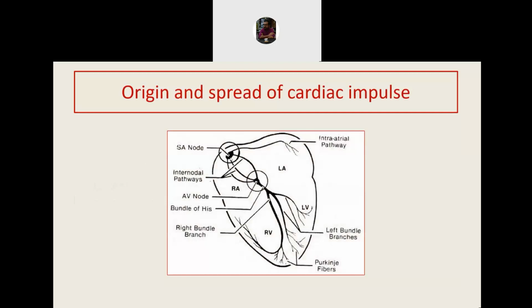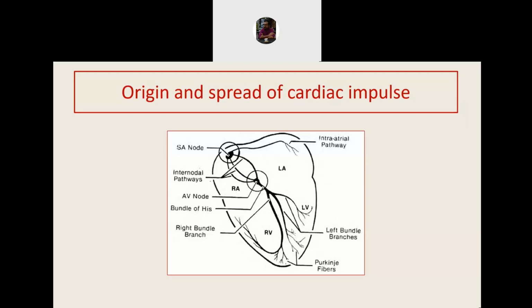Impulse generates in the SA node, travels down to the AV node through the internodal tracts. In the AV node, it waits for some time. From there, it enters the bundle of His and enters the ventricle. It then divides into left and right branches, and the left branch further divides into anterior and posterior fascicles. Finally, they all divide into Purkinje fibers and synapse with the individual cardiomyocytes.